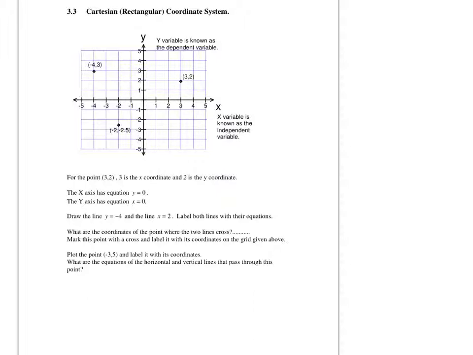So if we are given the ordered pair 3, 2 in brackets, the 3 is the x coordinate, the 2 is the y coordinate. So we can think of taking 1, 2, 3 steps in x, 1, 2 steps in y to get to the point which has the coordinates 3, 2.